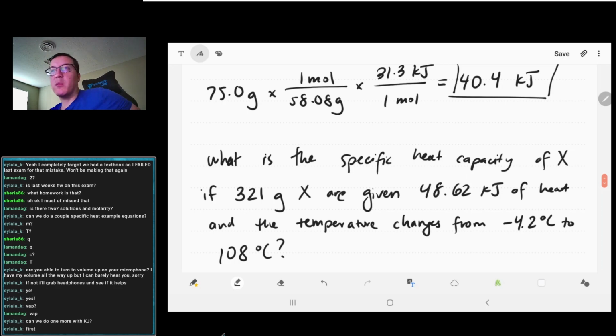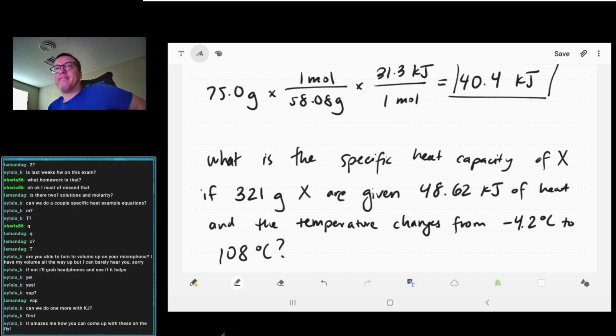Just making up numbers. Let's hope this is reasonable.